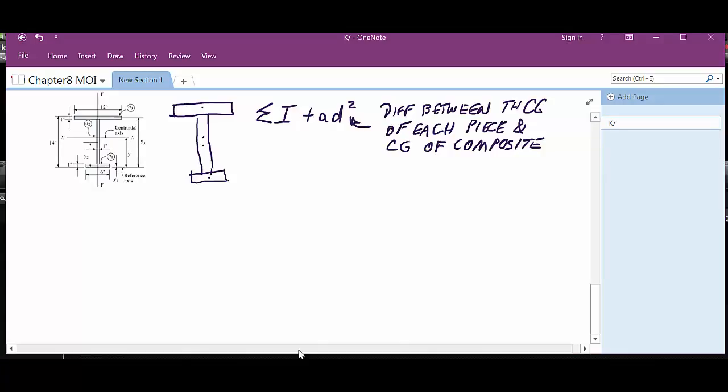That one little spot right there seems to be where most people get hung up. How do I find this D value?